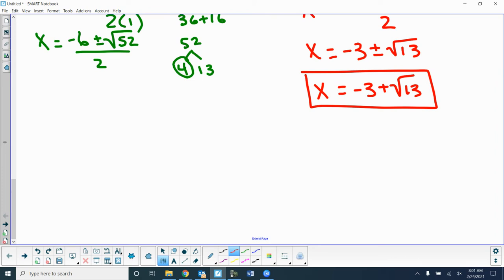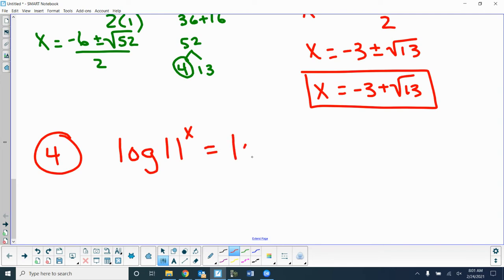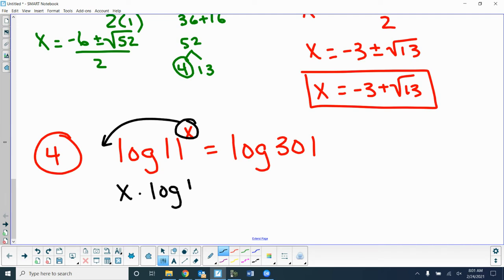All right, number 4 is another exponential problem where I'm going to take the log of both sides. So right away, I'm just going to say log of 11 to the x equals log of 301. Again, our rule or property of logs means I can do x times the log of 11. That's the same thing.